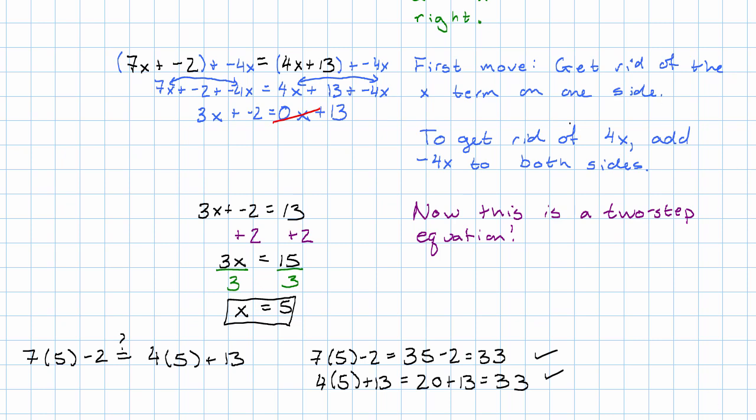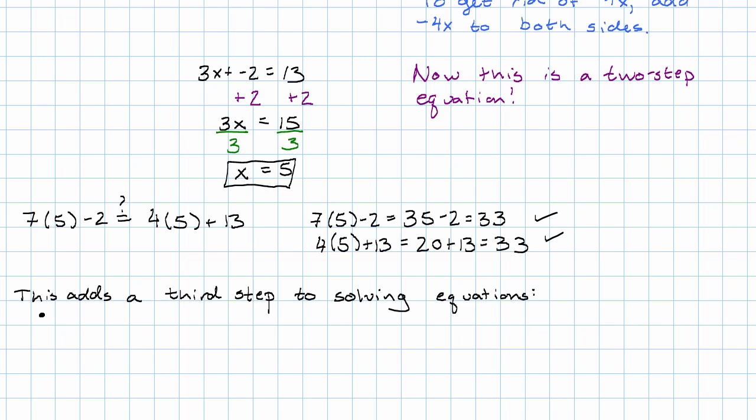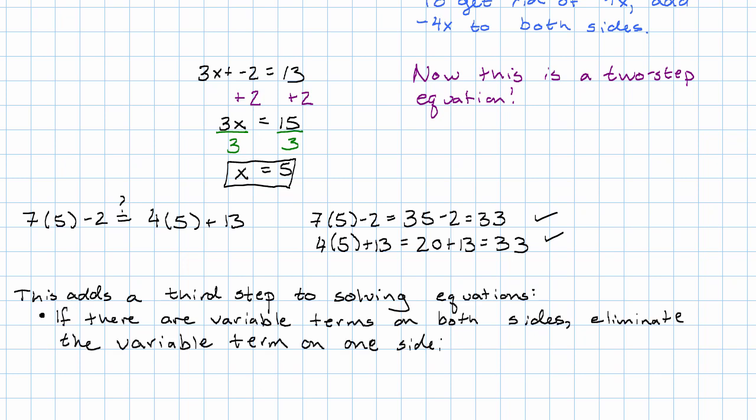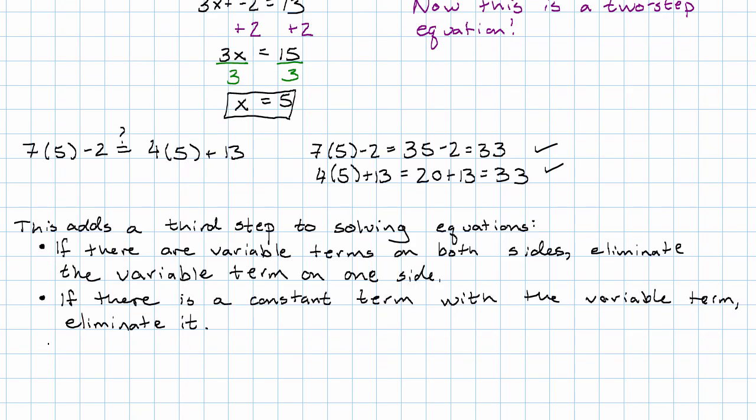So this just adds essentially a third step to our process for solving two-step equations. So our first step now is, if there are variable terms on both sides, eliminate the variable term on one side. Our second step is, if there's a constant term with the variable term, eliminate it.